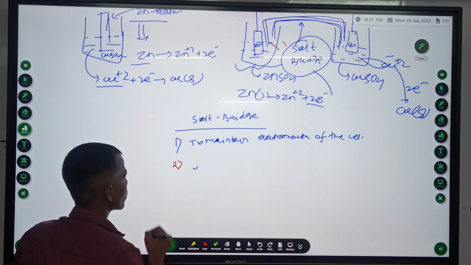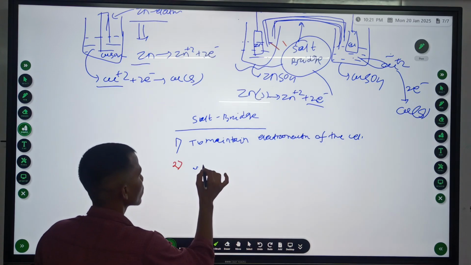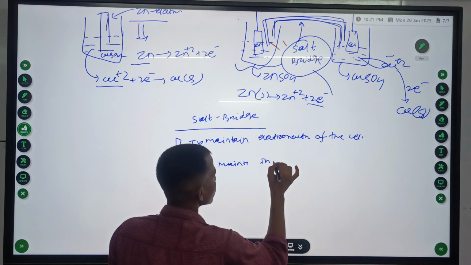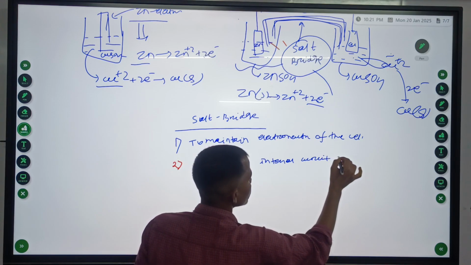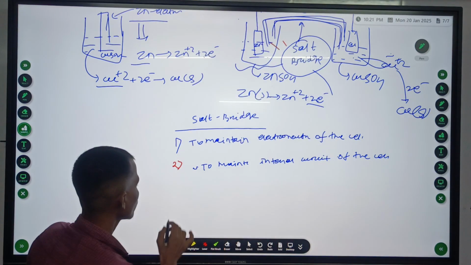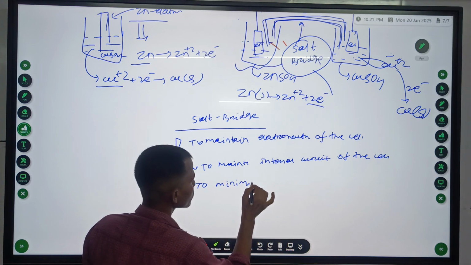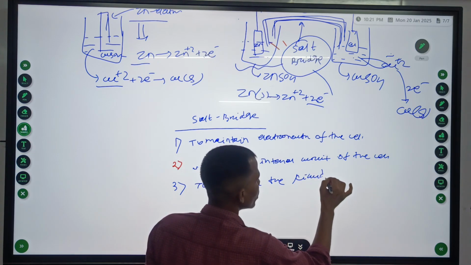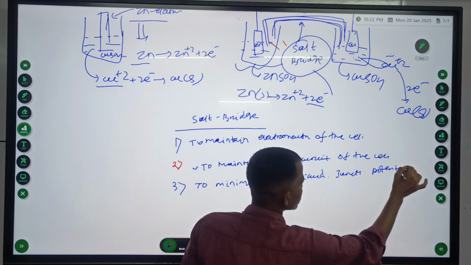And the second one, it fulfills the internal circuit of the cell, and the third and the major role in this cell is to minimize the liquid junction potential.